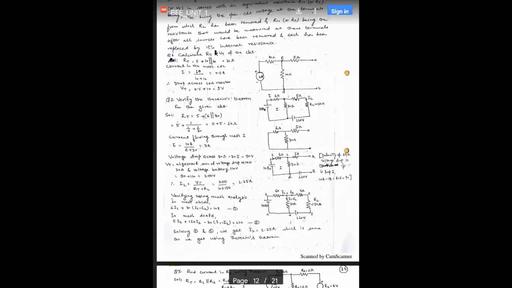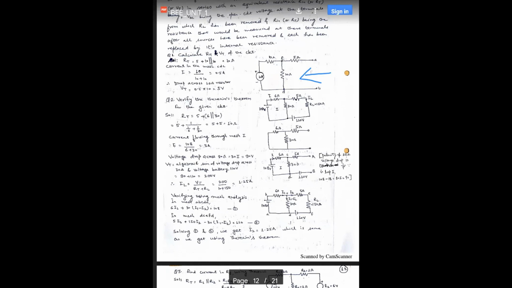So how can we calculate the Thevenin resistance? By looking into the circuit. Looking into the circuit means, let us assume that A and B was having some load which is removed, so it is open circuit. So current direction will be in.